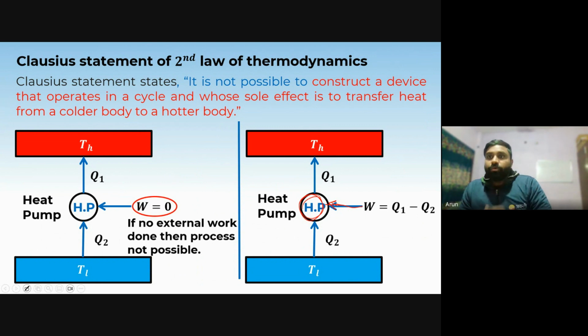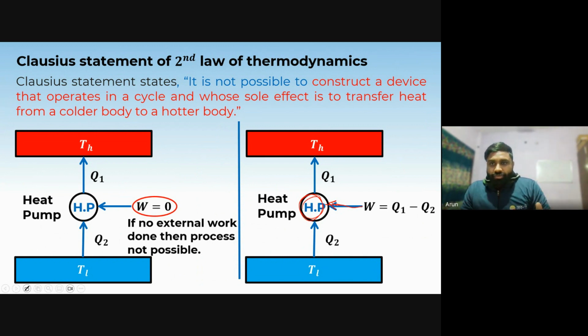But to transfer the heat from lower temperature to higher temperature, this device consumes some work, and that work is provided by the motor, or the compressor, you can say, present in the refrigerator. So we expend some electrical energy to do some work and to transfer heat from lower to higher temperature.